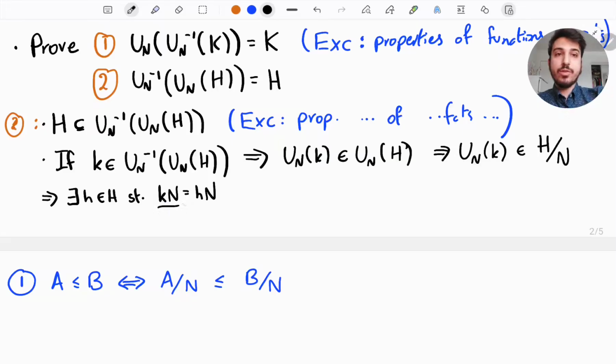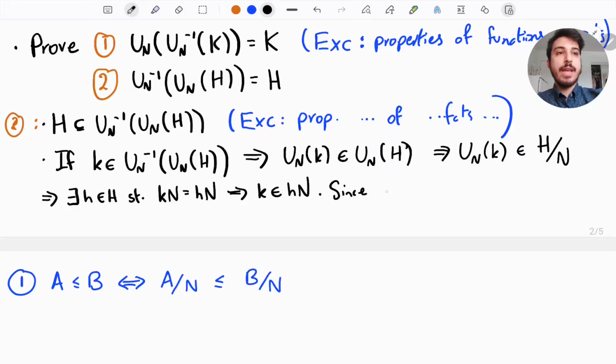And if these two cosets are equal, then due to a property of equality of cosets, this means that k is an element in the coset hN, because these two are two representatives of the same coset. So naturally, these two elements are found in the same coset, which is hN.